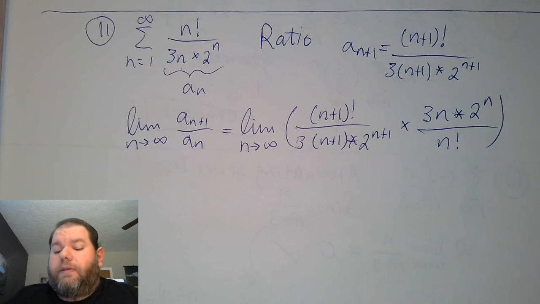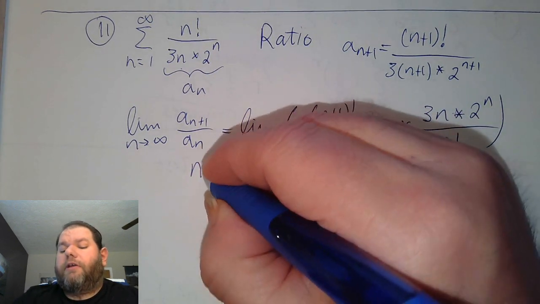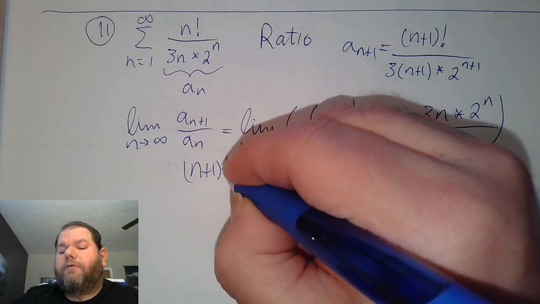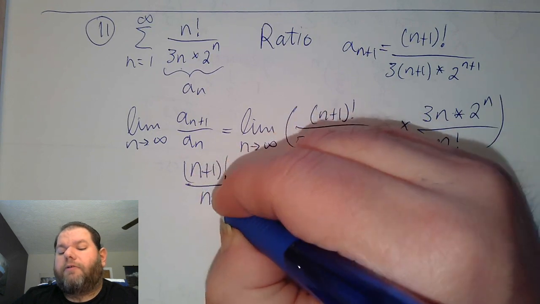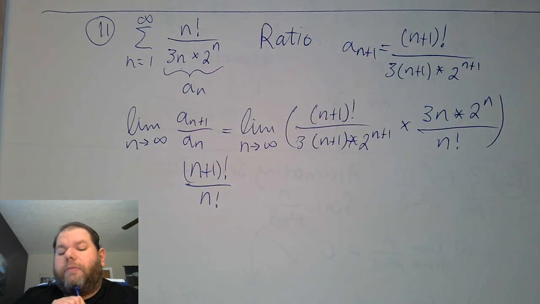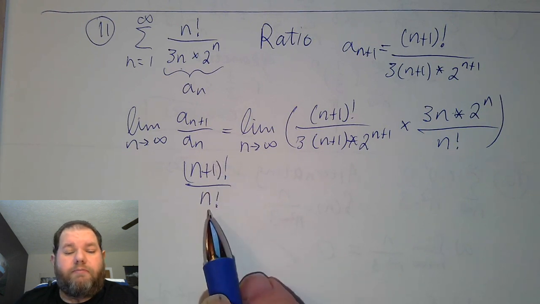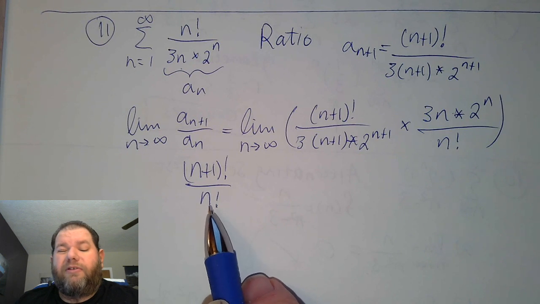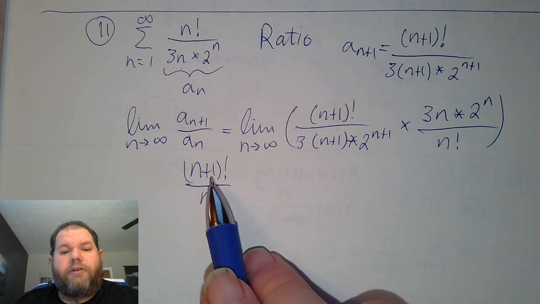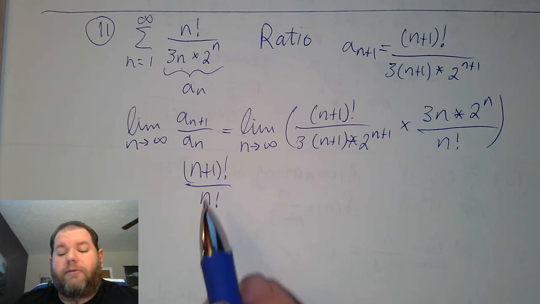Now, there are several things that we can reduce or simplify here. First of all, we have n plus 1 factorial over n factorial. The shortcut here is to find the smallest of the two. n is the smallest of the two, so we know that this one's going to cancel out entirely. And then whatever comes after n until we get to n plus 1.